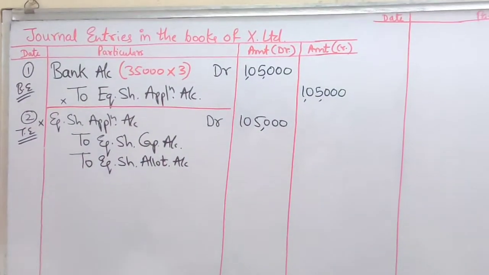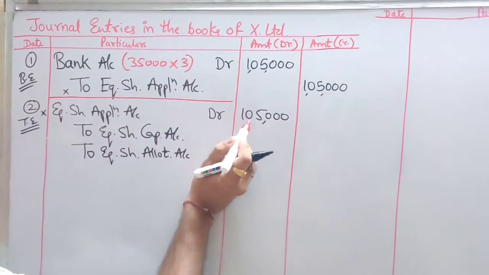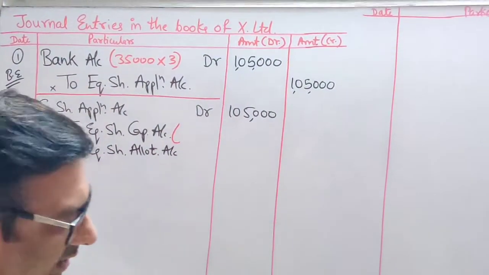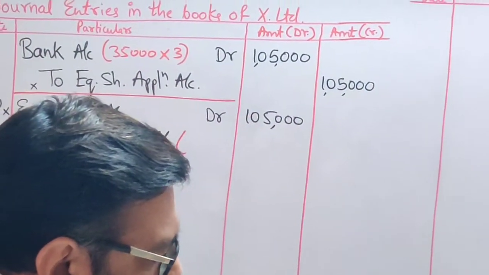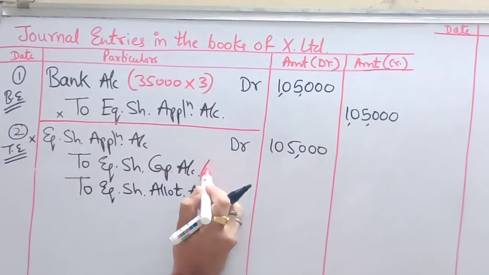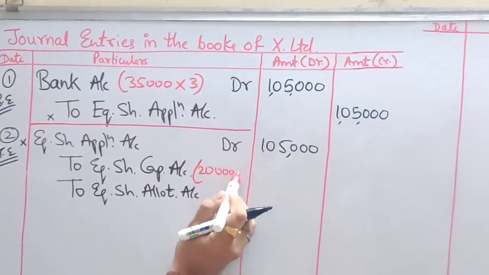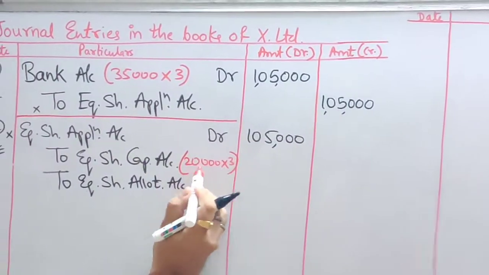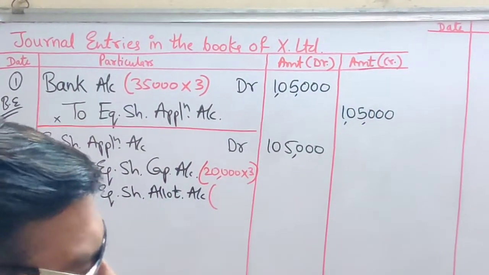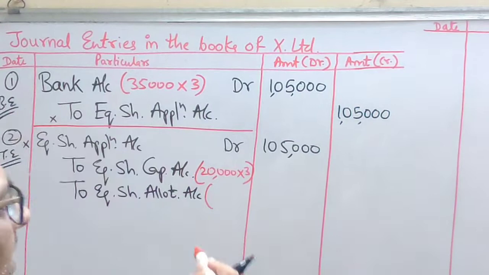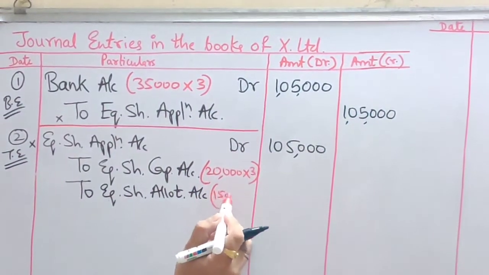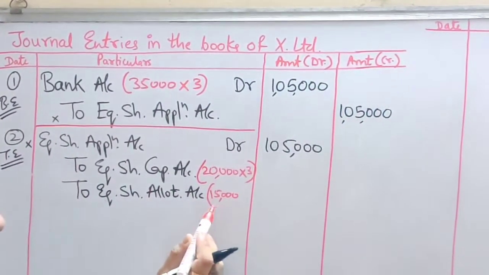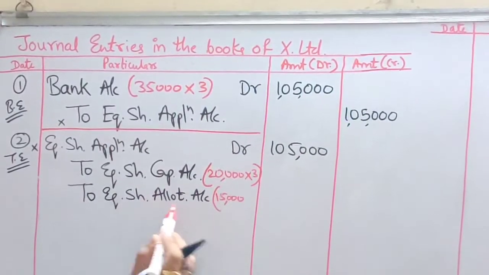Let's write down the calculation, students. For capital, what amount have you written here? Number of shares 20,000. So 20,000 into application money, that is 3. How many shares have you written in the adjusted column? 15,000. These 15,000 shares you are going to adjust against the allotment.